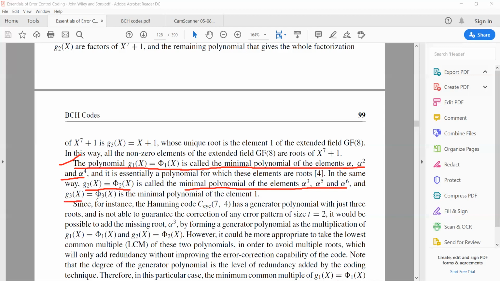And g3x is the minimal polynomial of the element 1.